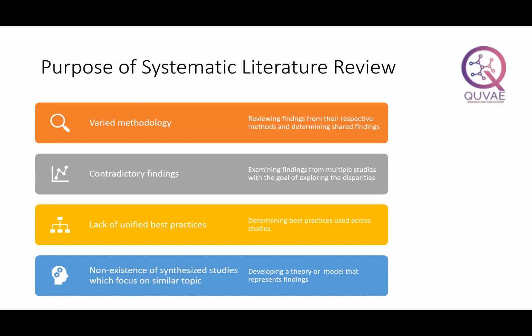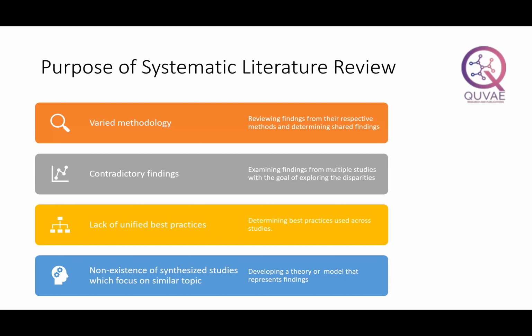findings. Okay, and also after reviewing the methodology or literature, you may find contradictory findings. Sometimes studies with the same topic can yield conflicting results. So a systematic literature review can step in to examine these contradictory findings from multiple studies.